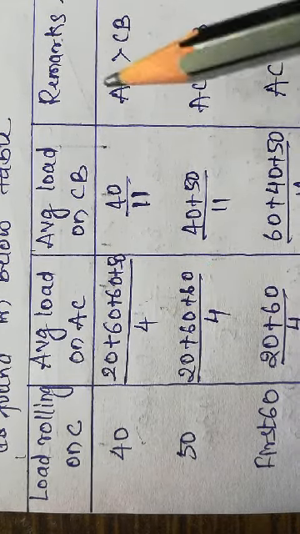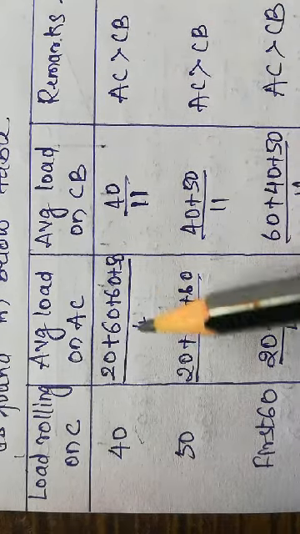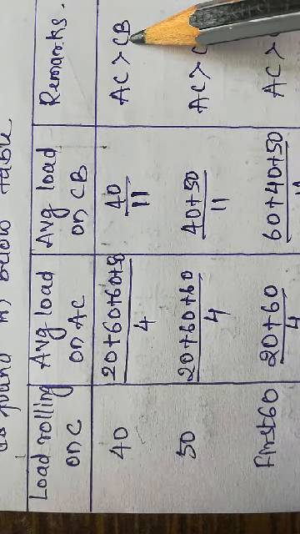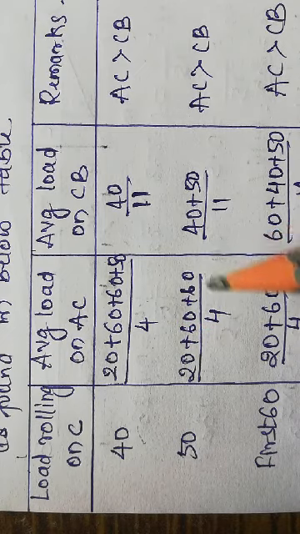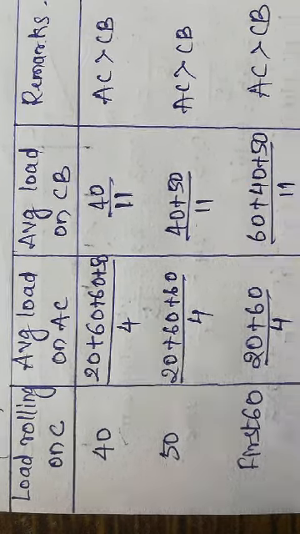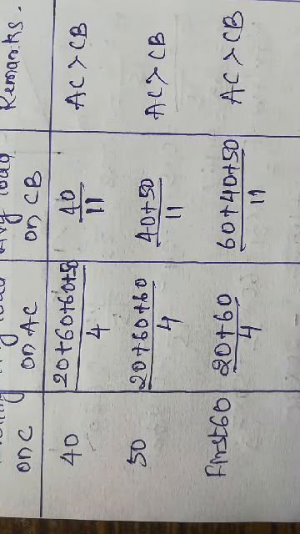So we can conclude from these two points that AC section is greater than CB section. Next, allow the 50 kilonewton to roll over point C. This time 50 will go to CB section. Still we find that AC is greater than CB.